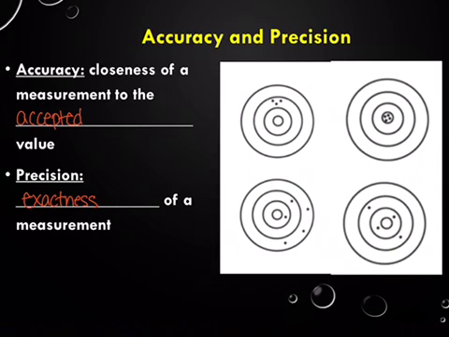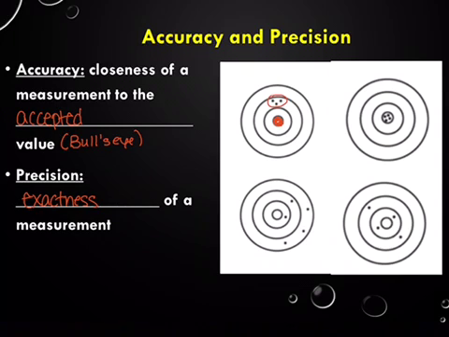It helps to think of this as shooting at a target where you aim for the bullseye. The bullseye would be an example of your accepted value. In this particular target, there were 3 shots taken. If they were 100% accurate, all 3 of those shots would have landed in the bullseye.